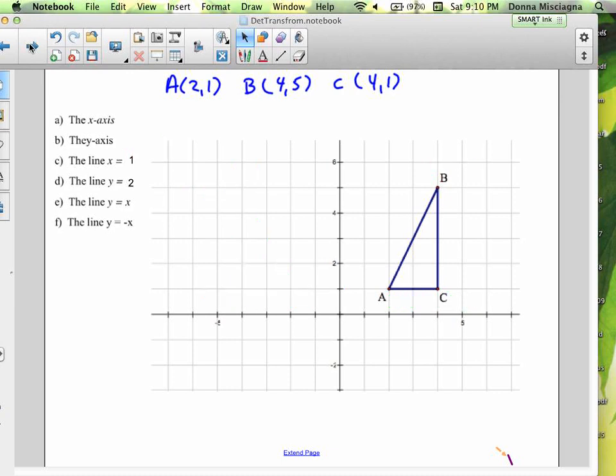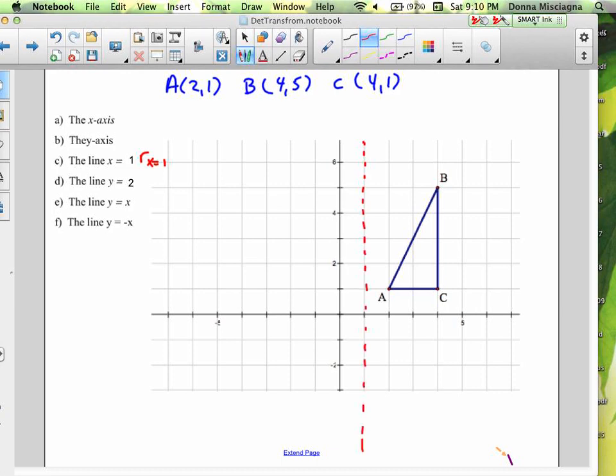X equals 1. So the notation would be R x equals 1. All right, so x equals 1 is right there. Now we don't have any handy dandy rules, but I don't think we'll have any trouble counting. I don't even think we need to subtract. All right, so A is 1 away. A prime is also 1 away.